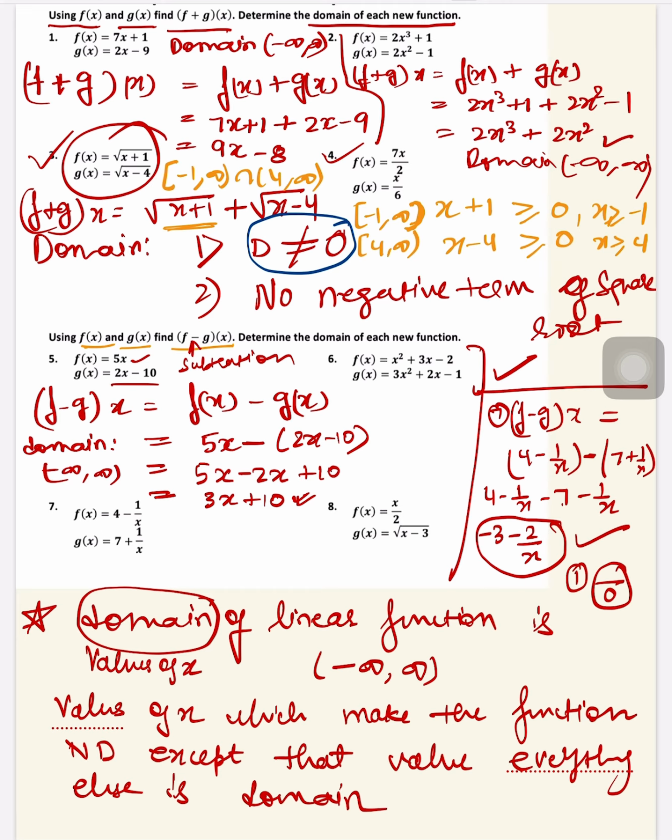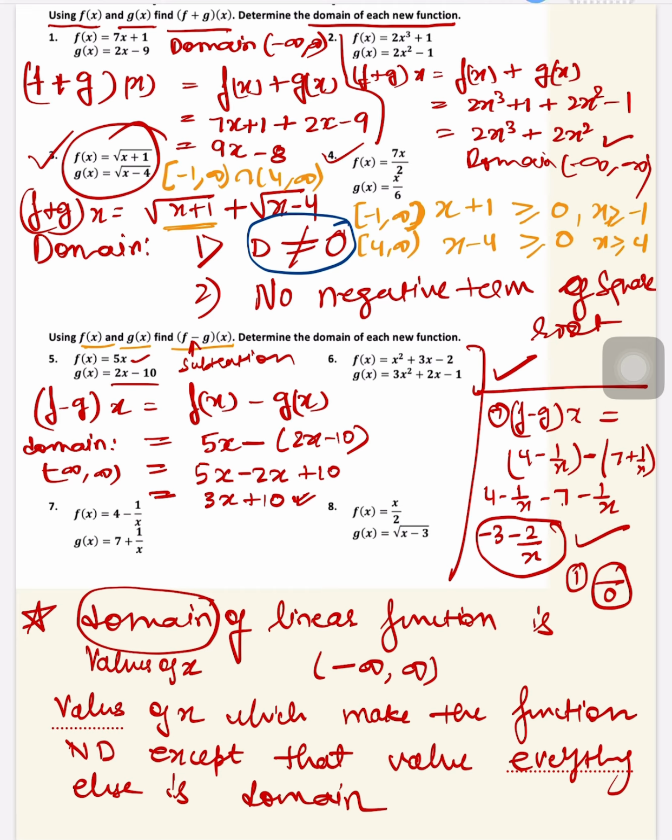So x is in the denominator, correct? So x is never 0, because if x is 0, that makes the function not defined. So except that value, everything else is the domain of the function, right? So 0 is the restriction, x is never 0.